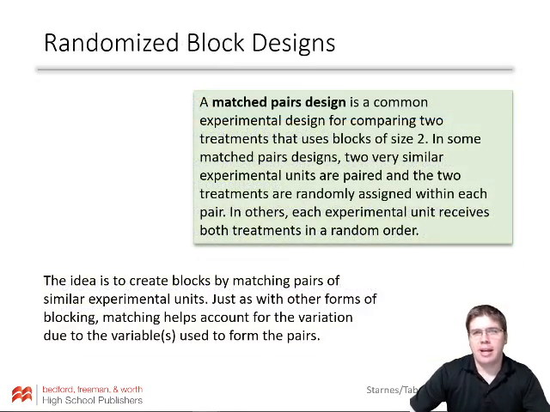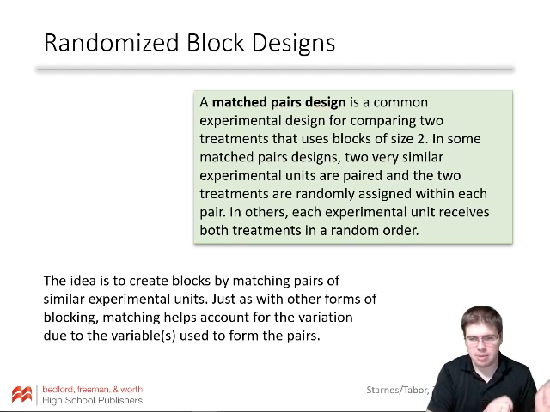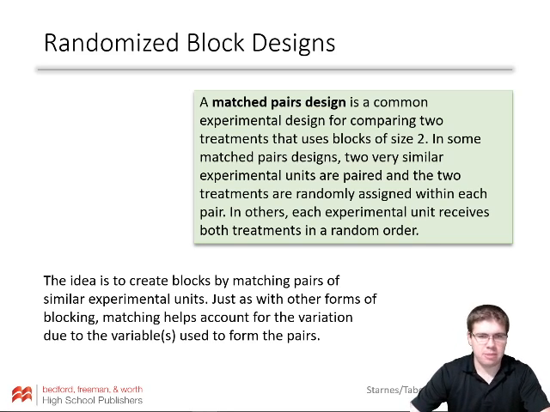And so in that case, it should be fine. One person steps up and tries it one way, and then the other way, and then the next person tries it, and you can compare the results for each individual, because how far they can hit the ball with a baseball bat varies quite a bit from individual to individual. So it'd be better to do those comparisons than a completely randomized design.